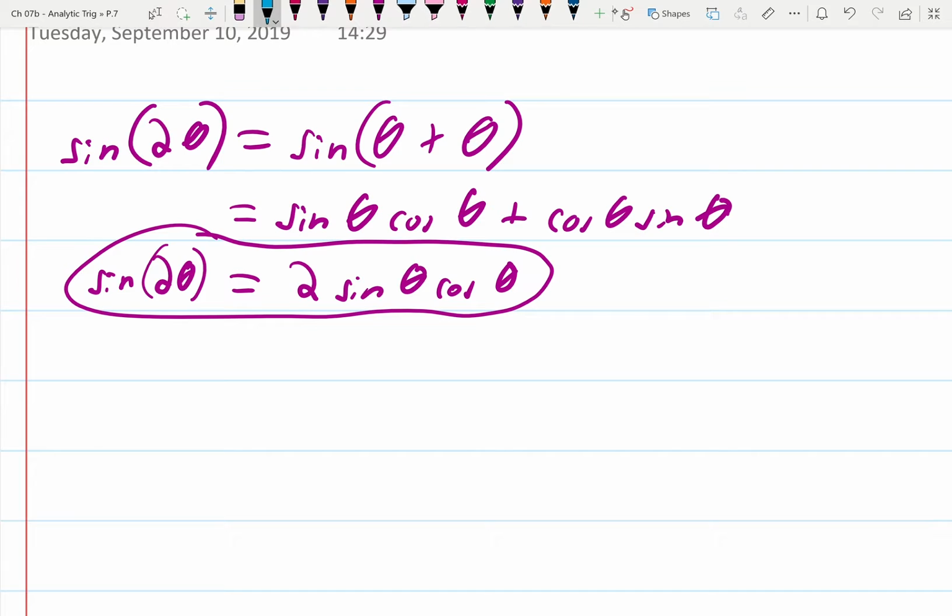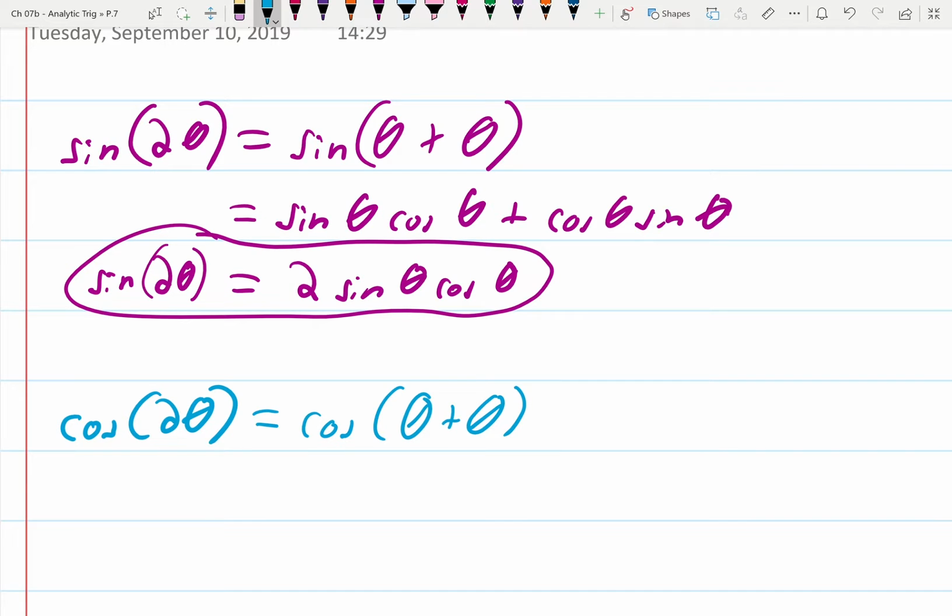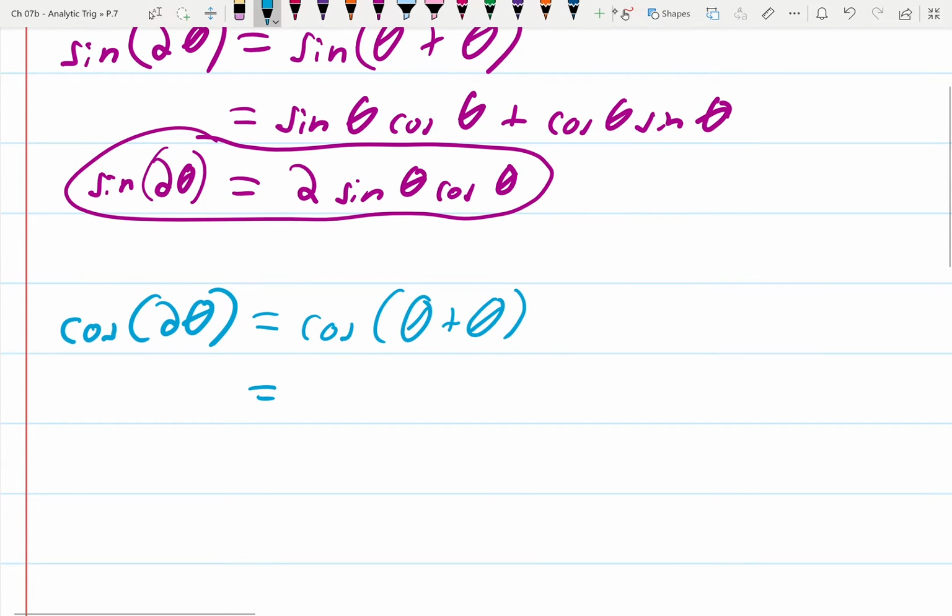Okay, let's derive the cosine double angle one. This one's a little bit not trickier, but it has more components to it. Cosine 2 theta can be expressed as the cosine of theta plus theta, which from our identities is the same as the cosine of theta times the cosine of theta minus what?